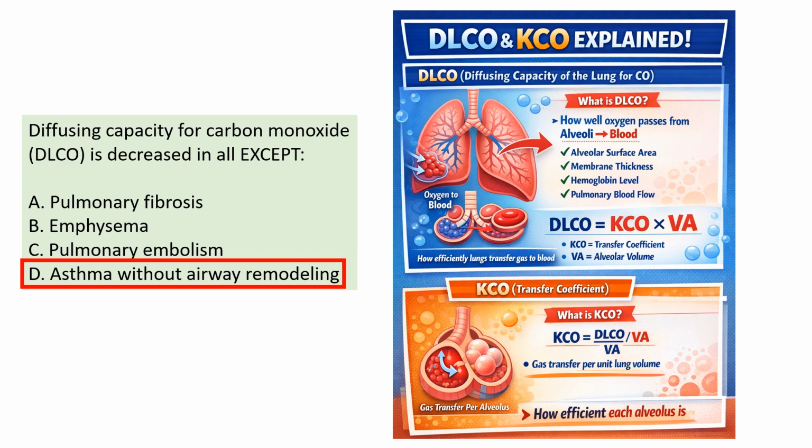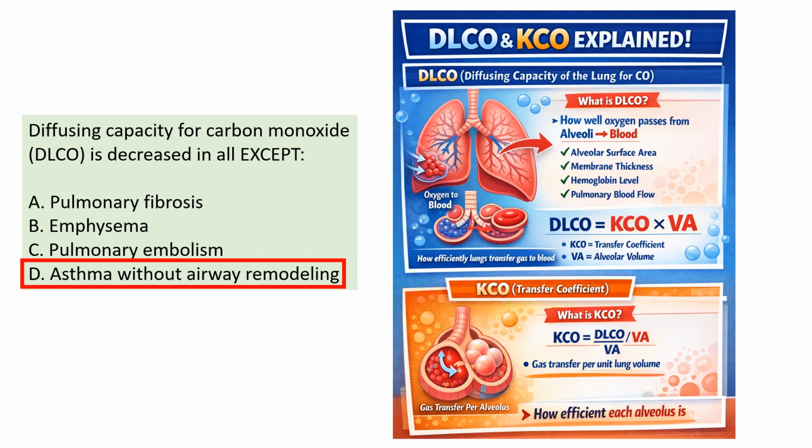DLCO mainly depends on the transfer coefficient, how well oxygen passes from the alveoli to the blood. It depends on the alveolar surface area, membrane thickness, hemoglobin level, and pulmonary blood flow. These are the main factors affecting DLCO.